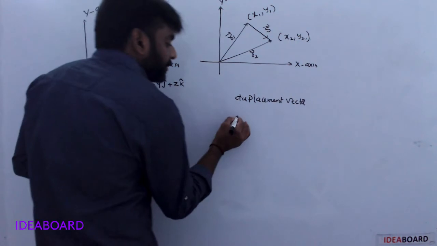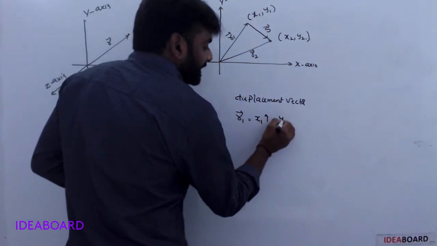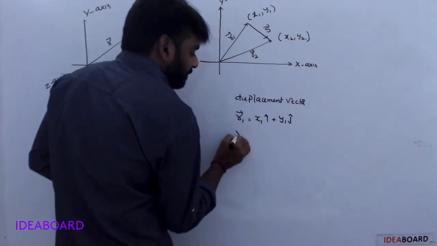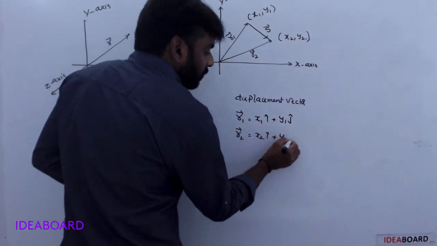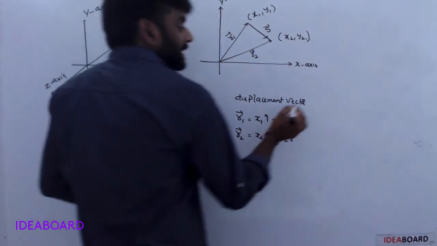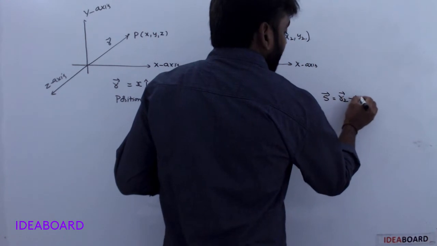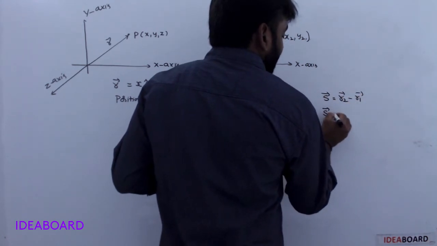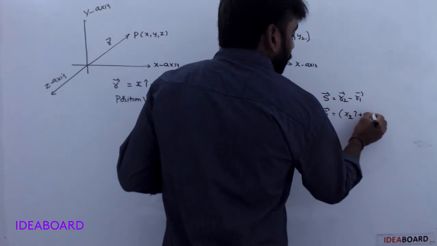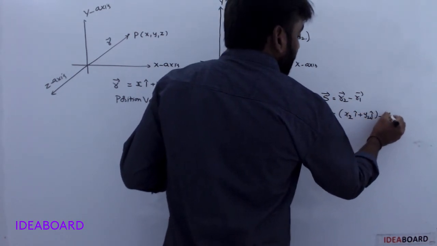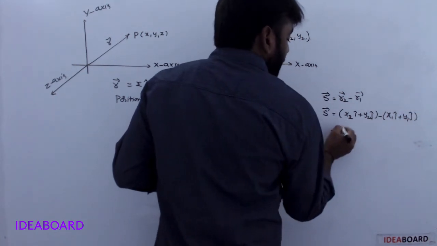Okay. So you write R1 bar equal to x1 i cap plus y1 j cap. R2 bar equal to x2 i cap plus y2 j cap. Here displacement S bar equal to R2 bar minus R1 bar. S bar equal to x2 i cap plus y2 j cap minus x1 i cap plus y1 j cap.